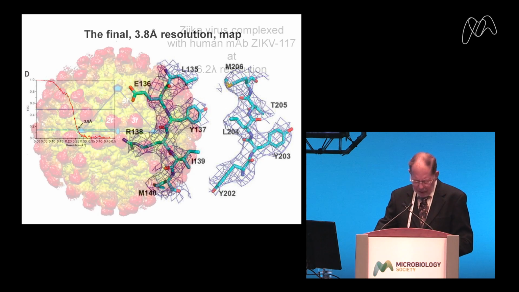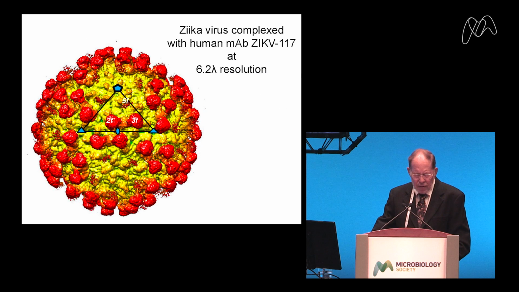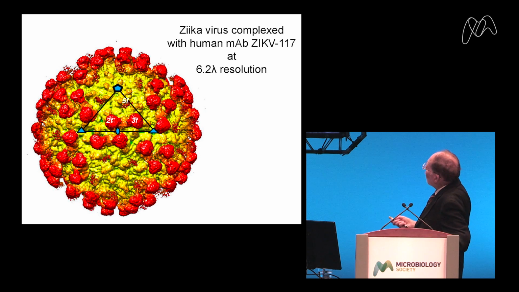We also now looked at the structure of Zika virus bound with antibodies, and this is one antibody, Zika virus 117. This is colored radially, red is a very large radius, showing different places where the Fab, the antigen binding fragment of an antibody, was bound.